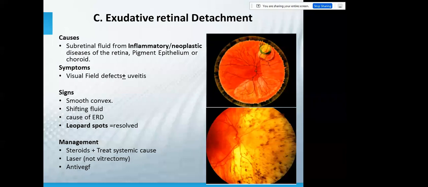Exudative detachment, this is simple. Any inflammatory condition or neoplastic condition on the retina will cause fluid to ooze out under the retina and lift it up. In this case, there's no tear, there's no membrane, and the detachment tends to be raised and smooth. When these detachments resolve over time and they flatten out, they form what you call a leopard spot pattern.